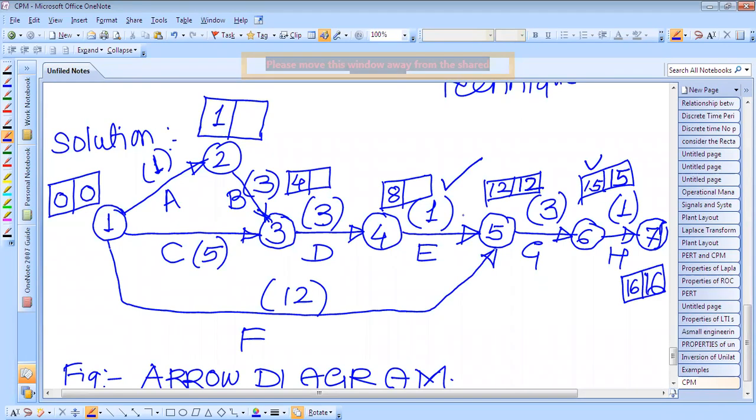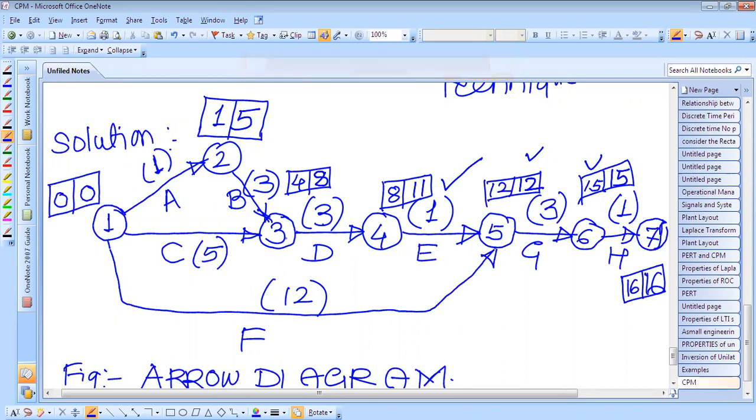So LFT for this activity is 12, and minus 1, it is 11. Similarly, the LFT for this activity is 11 minus 3, so it is 8. And the LFT for the next activity is 8 minus 3, here it is 5.